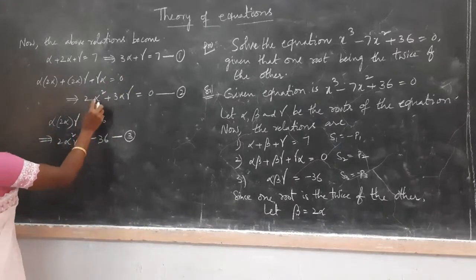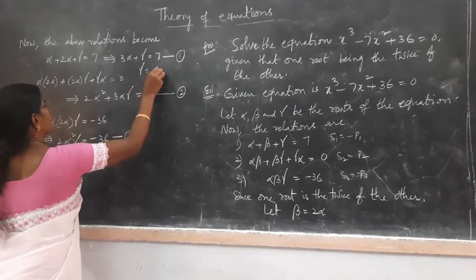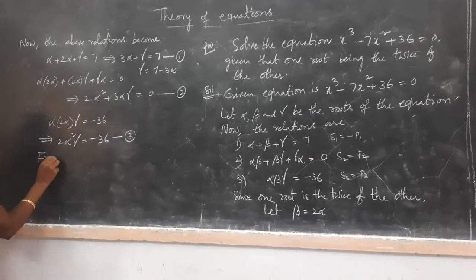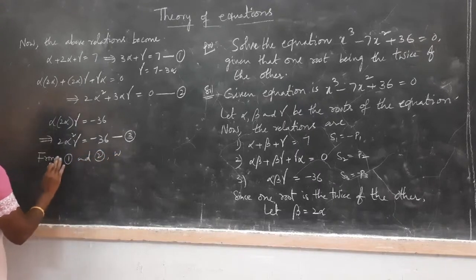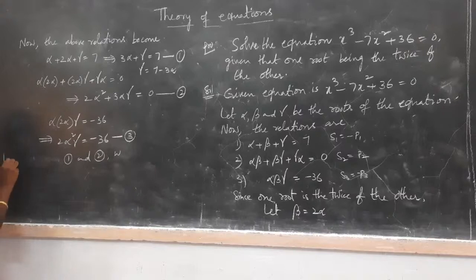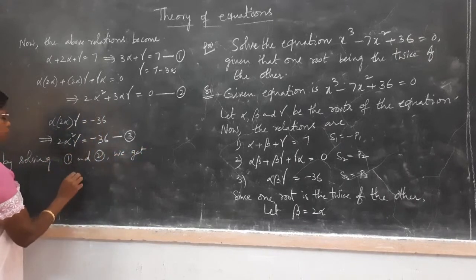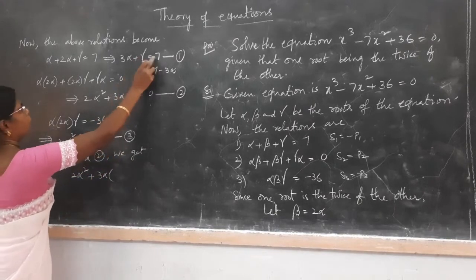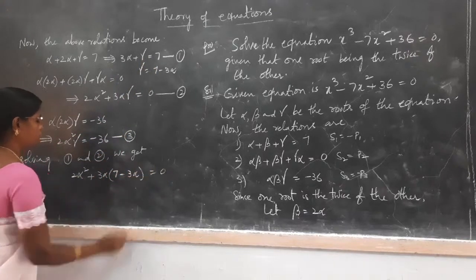Okay, how do we find out? See here, from this, gamma is equal to 7 minus 3 alpha. From 1 and 2, by solving 1 and 2 equations we get, in this second one, 2 alpha square plus 3 alpha gamma, gamma is 7 minus 3 alpha, is equal to 0.